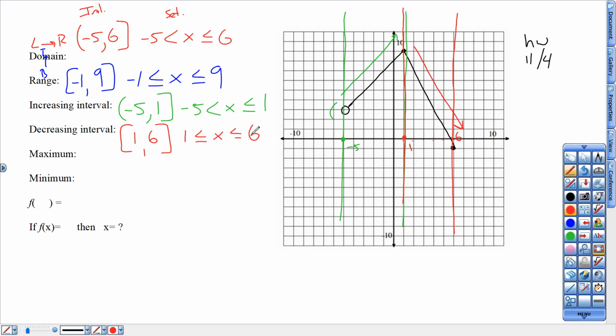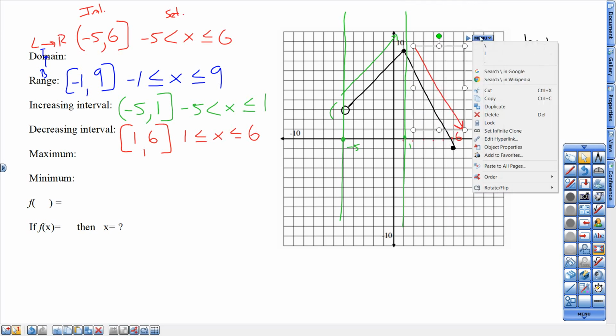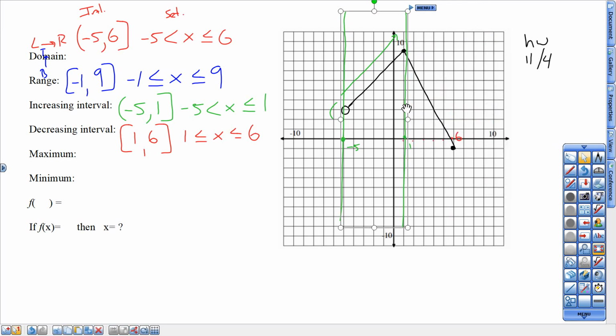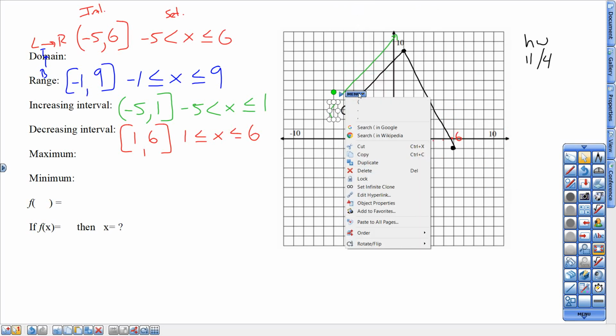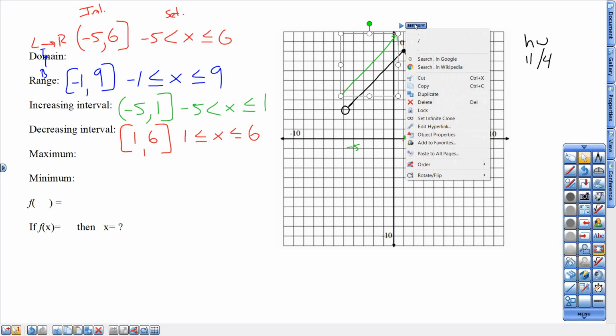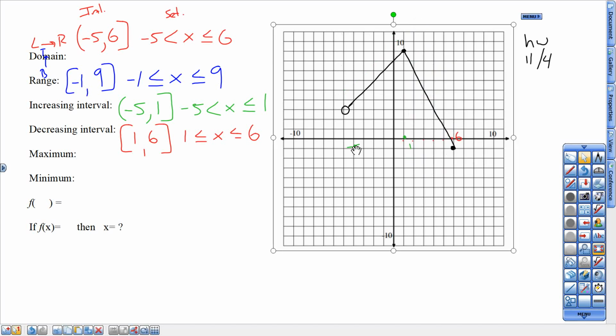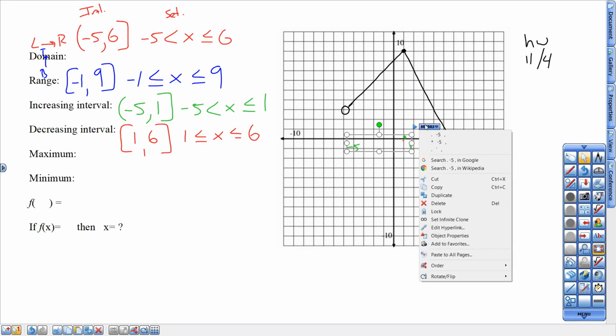The maximum is the highest point, and the minimum is the lowest point. Most of the time, the max and min will be single coordinates, so you always write that as a regular coordinate with rounded parentheses. Parentheses rounded, always for coordinates. Get rid of this 5 right here and that 1.